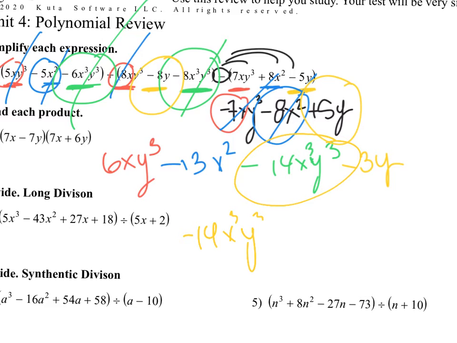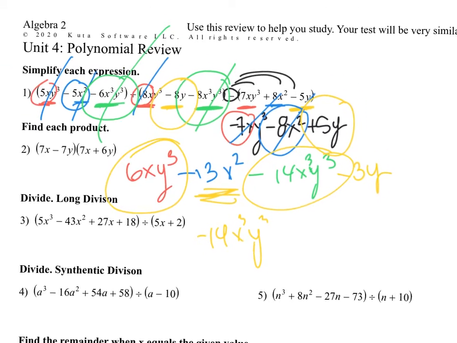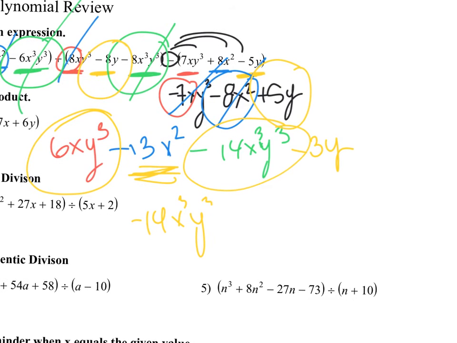Then the answer key puts 6xy cubed next. I personally would put the x squared next, because you want to take care of alphabetical first. So I don't love that they did it that way. I'm not quite sure why they did it that way, but I'm just going to do it the way that they did it so that I don't confuse you.